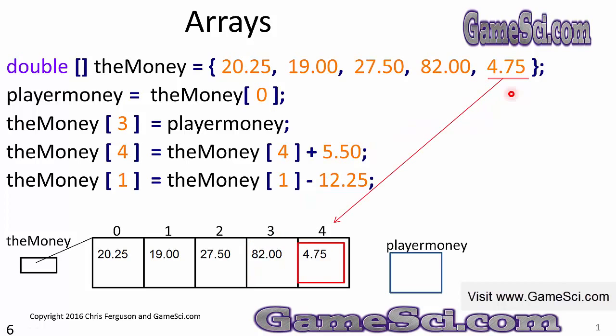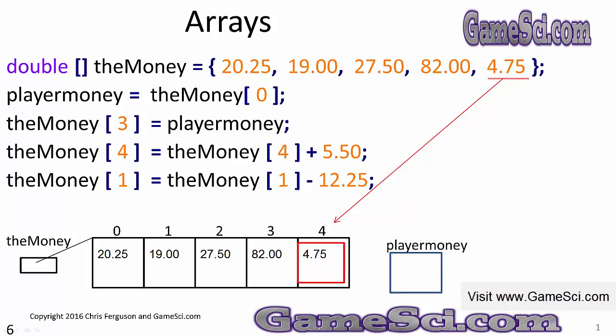And finally, the last item of a 5-item array goes in position 4. That may be the hardest part for beginners. Getting used to this first item is at position 0 of the array, and the last item of a 5-item array is in position 4 of the array. Get used to it. That's the way arrays work.